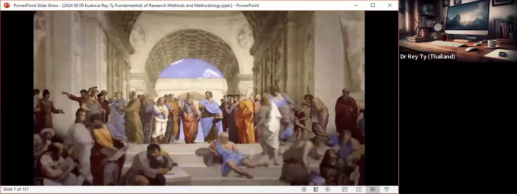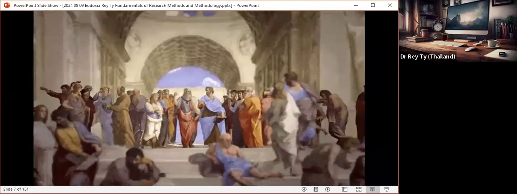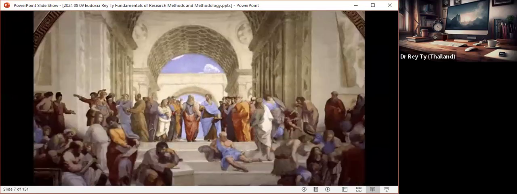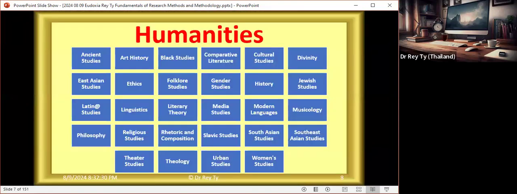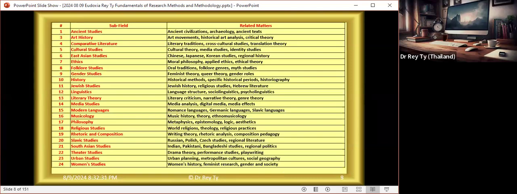In the humanities, oftentimes we read Aristotle, Plato, and all of the thinkers, Cicero, and then also in other parts of the world, we have all the different fields in the humanities, from ancient studies to art history, to literature, to cultural studies, to divinity, ethics, and gender studies, history, and so on and so forth, including theology. So all of these fields belong to humanities. I'll tell you why it's important for us to know this.